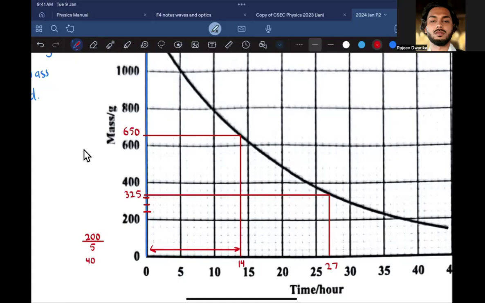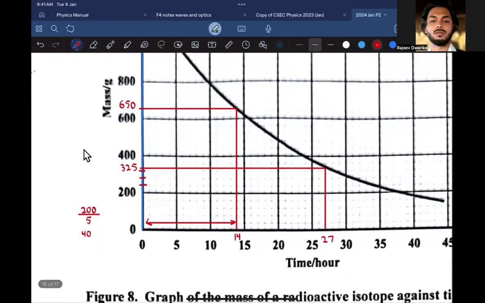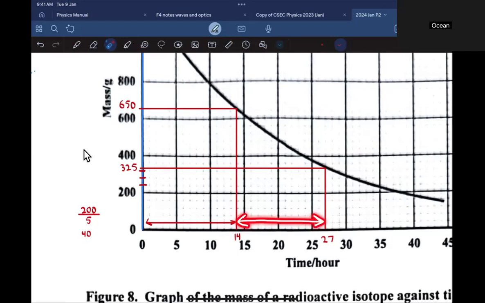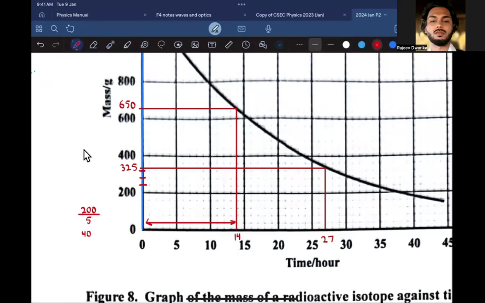How long did it take? 14 hours. So now we start at 650, and we need to see how long it takes to go from there. You've got to be very careful. What is the difference between 27 and 14? 13.